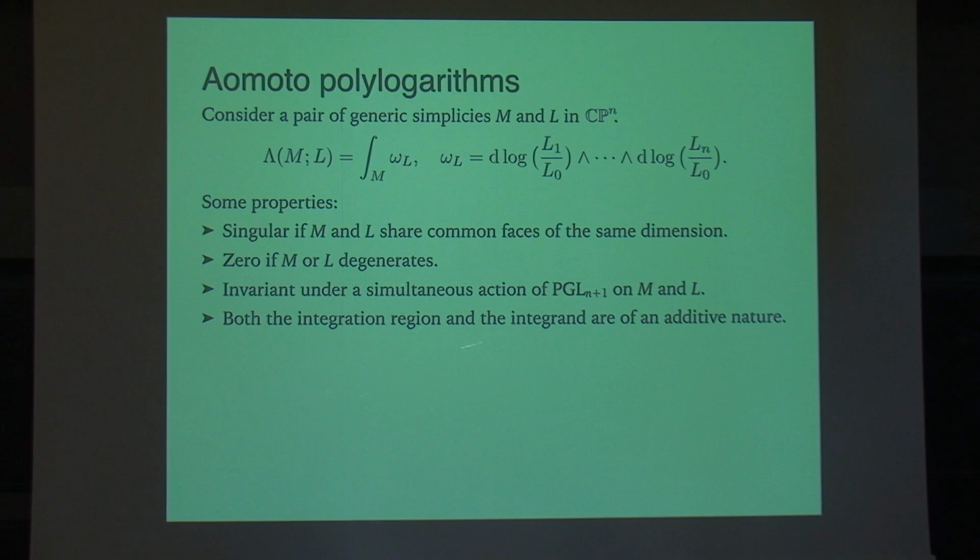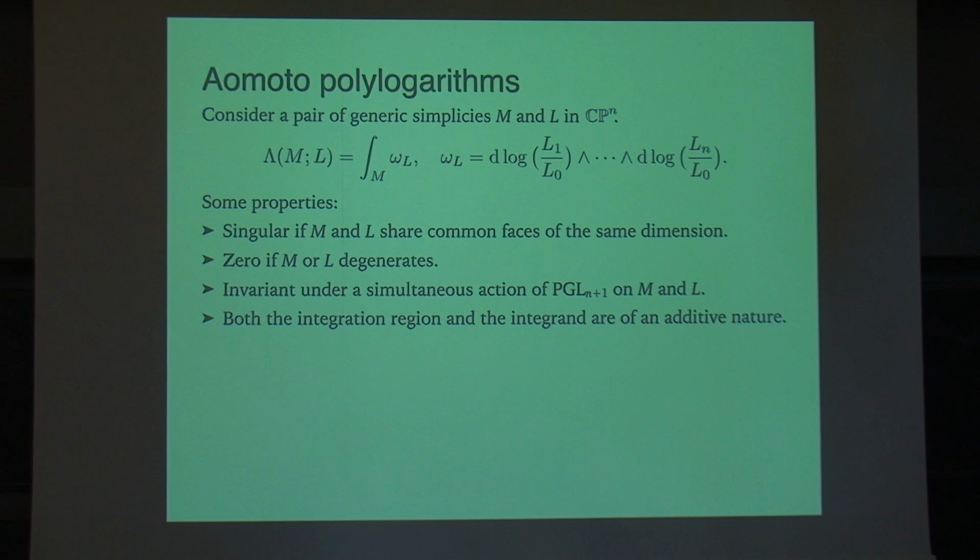And moreover, importantly, this kind of integral has an additive nature with respect to both of the simplices. For example, on either side, we can think about starting with two simplices and trying to glue them, and the resultant integral should not know anything about the gluing boundary, which is not the actual boundary of the whole object.